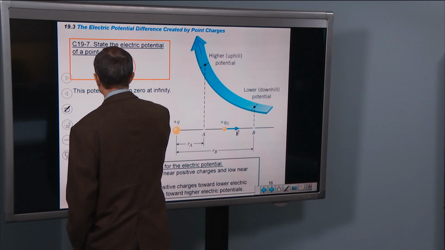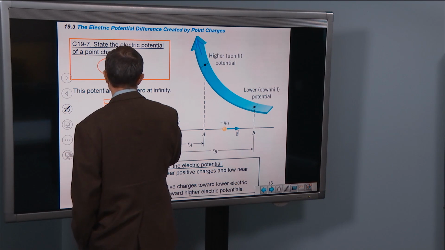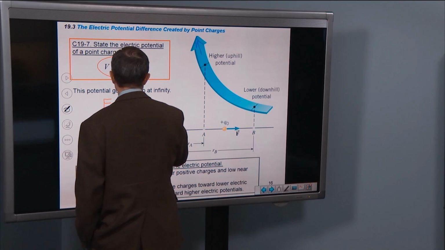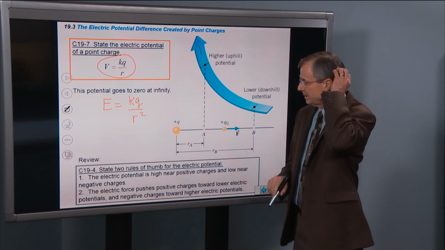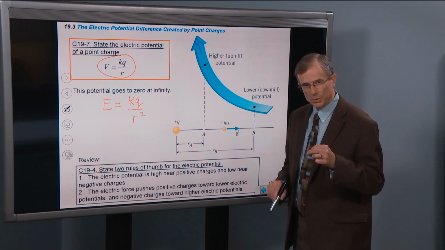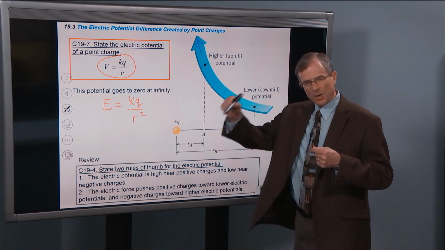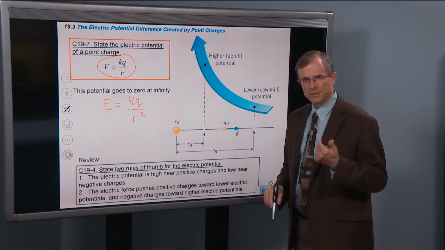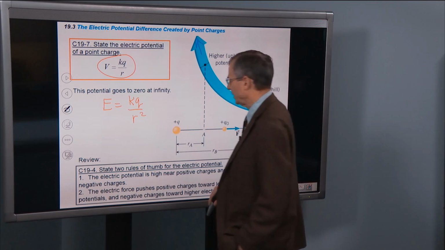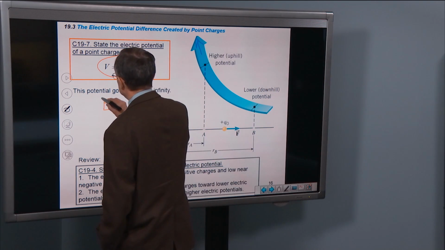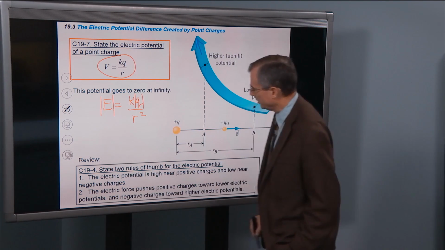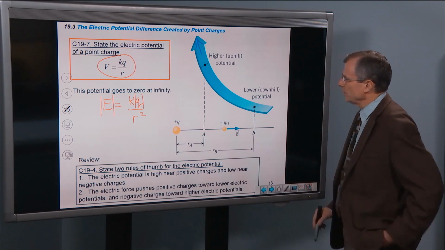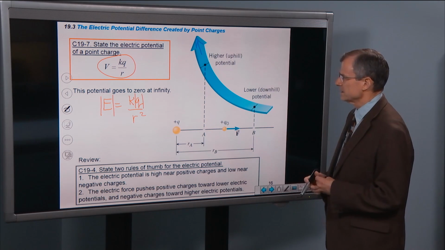If you might remember, the electric field produced by a point charge q, a distance r away from that point charge, its magnitude is given by kq over r squared.